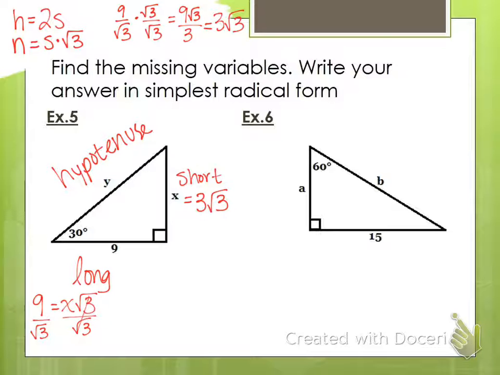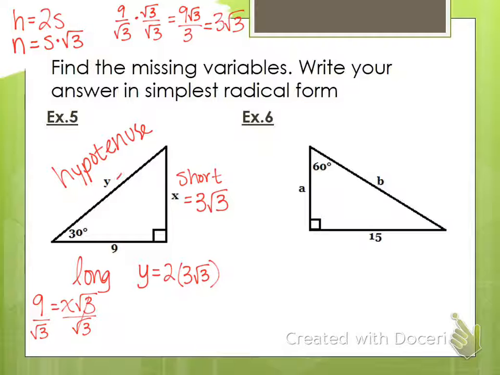Questions about that? Okay, from there, getting the hypotenuse should be pretty easy. They labeled the hypotenuse with a y. We just found that the short side was 3 root 3. So 2 times 3 root 3 would be 6 root 3.